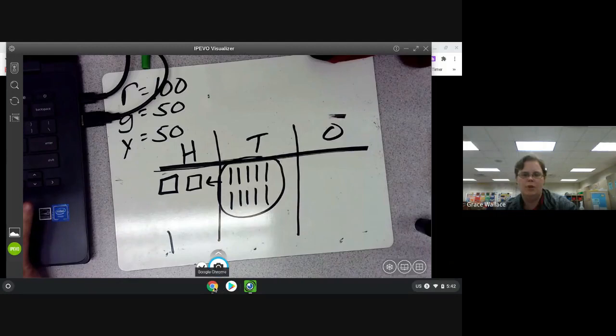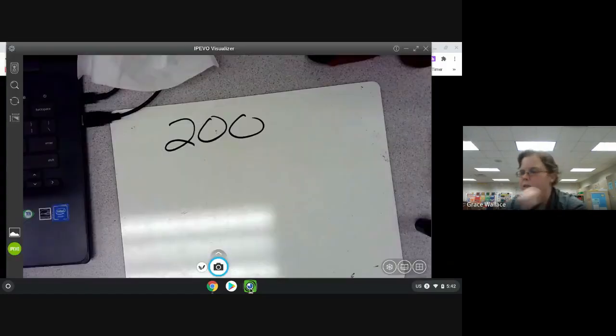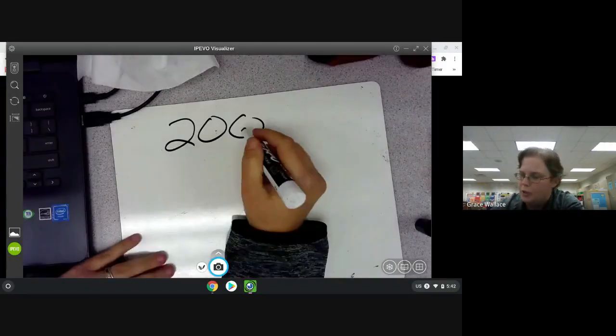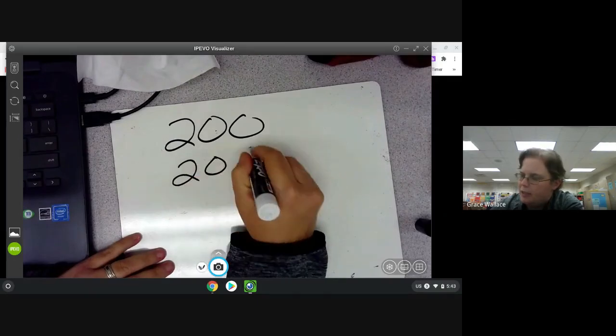It wants to know how many hundreds I have. I have 2 hundreds because I made that 10 tens into 100. So I have 2 hundreds, but I have 20 tens.